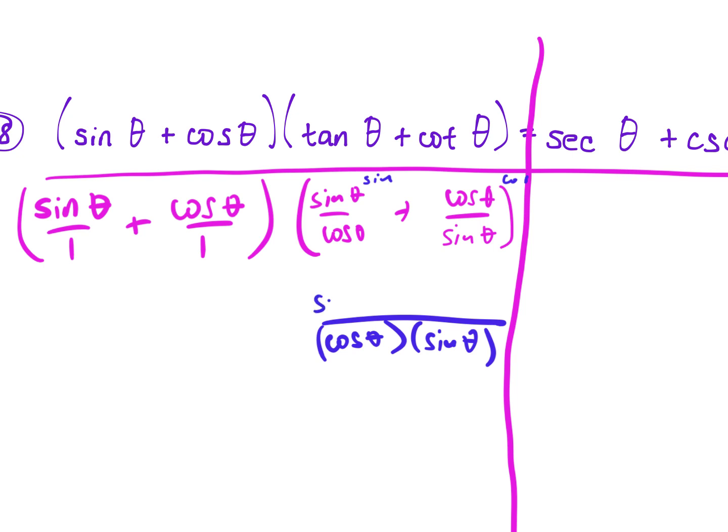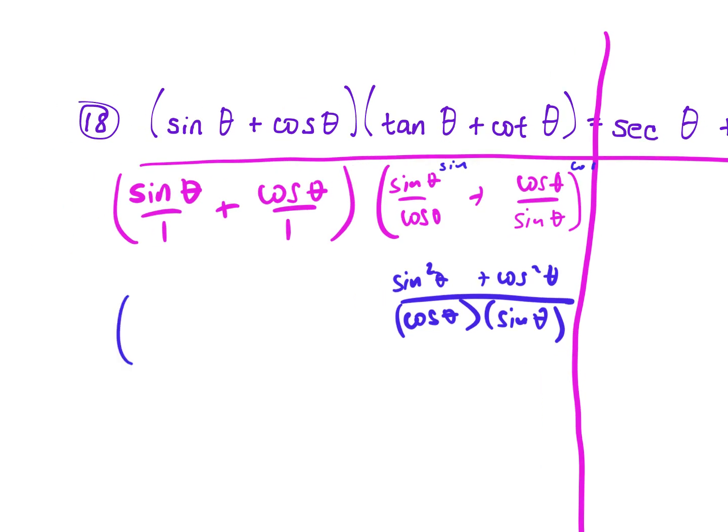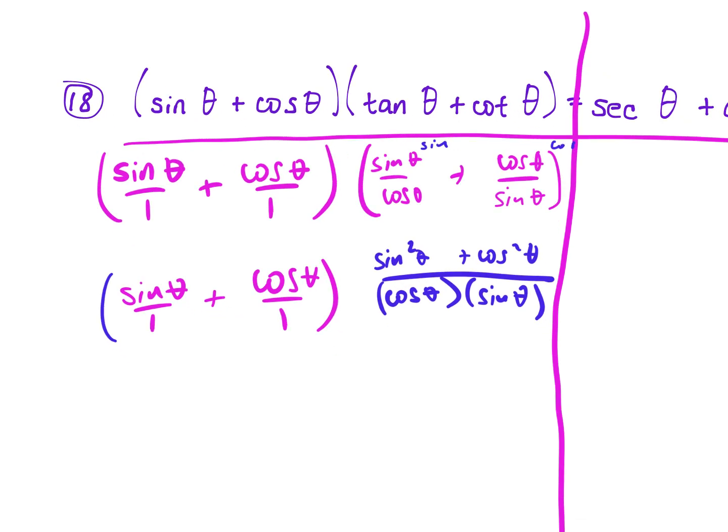So you're going to have sine squared plus cosine squared? Okay, that's fine. So then I still have my sine theta plus cosine theta. Okay, so now what? What's sine squared plus cosine squared equal? Agreed.